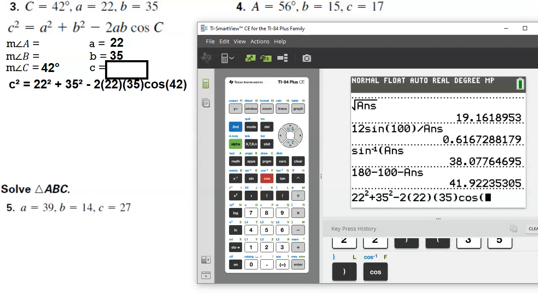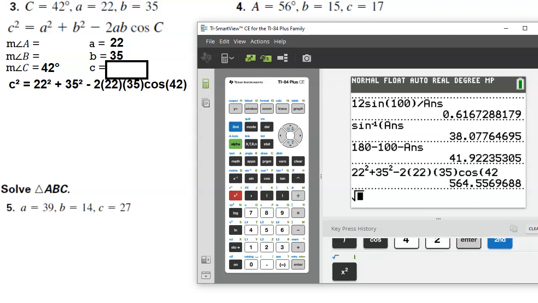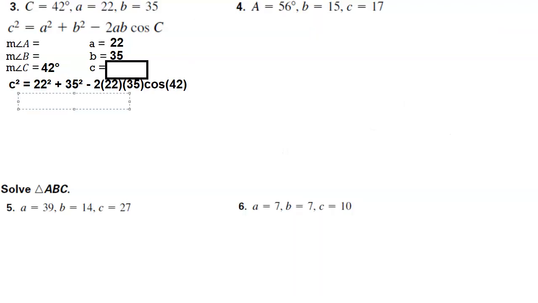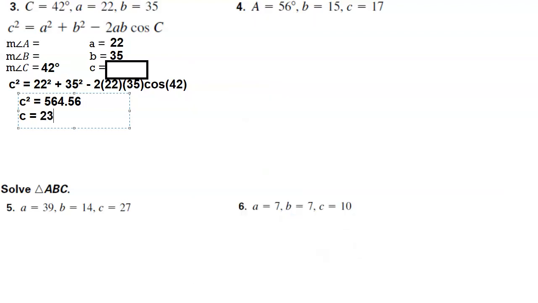All right, there you go. Throw it in there. And just to save us some time, I'm going to just do the square root thing right there. Okay, there, and we'll get it all done in one shot. 23.76. Boom.